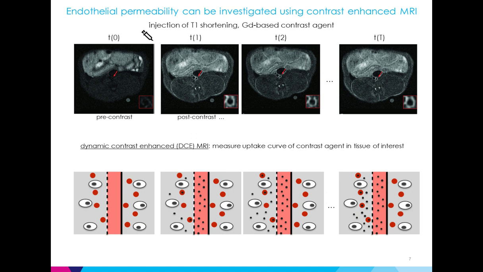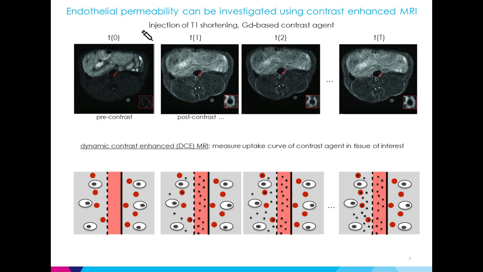And these, however, are not the only ways that we can capture contrast agent uptake in the tissue. Instead of simply imaging at time T0, waiting, and then imaging after contrast at a certain predefined time T, we can keep on acquiring images before, during, and after the injection of a contrast agent. And as depicted here, we can follow the kinetics of uptake of the contrast agent in the tissue.